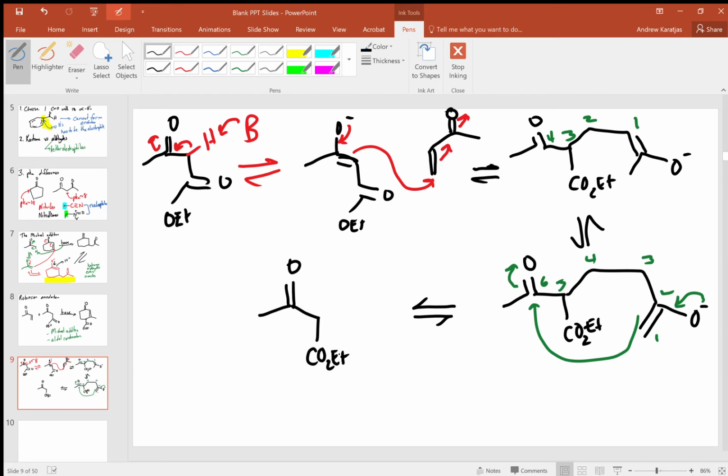And so one of the ways I like to suggest to do that, go ahead and redraw it the way we had it. And then I'm going to erase that double bond because we know that goes away. The negative charge goes away. We reform the carbonyl. We get a new bond forming there. And then the oxygen becomes negatively charged.